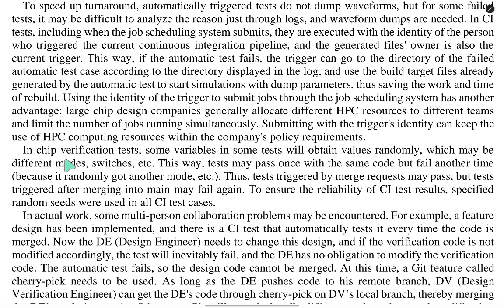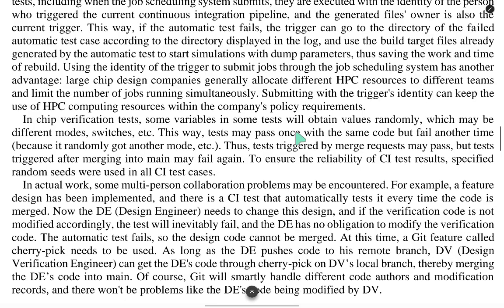So in chip verification tests, some variables in some tests will obtain values randomly, which may be different modes, switches, etc. This way, the test may pass once with the same code but fail another time because it randomly got another mode, etc. Thus, tests triggered by the merge requests might pass, but tests triggered after merging into main may fail again.